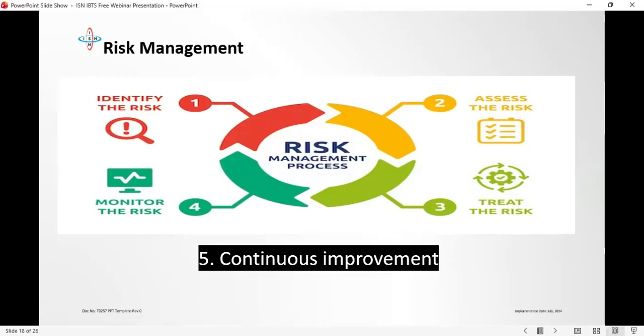Are there risks that you can envisage? This risk management is in the sense that you look at your process from the beginning when the client comes in to when the result is issued. What are the possible risks that are available in the system? Look at it, assess it, then treat the risk.